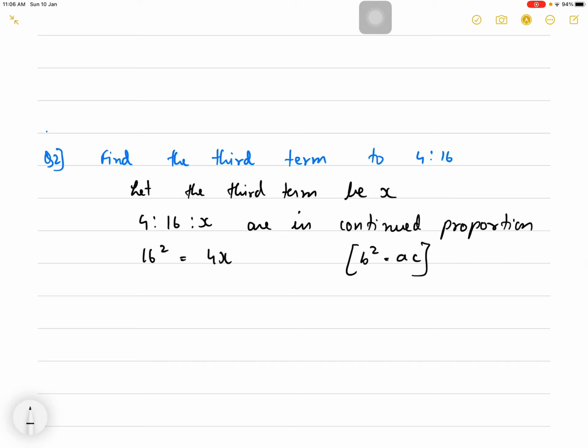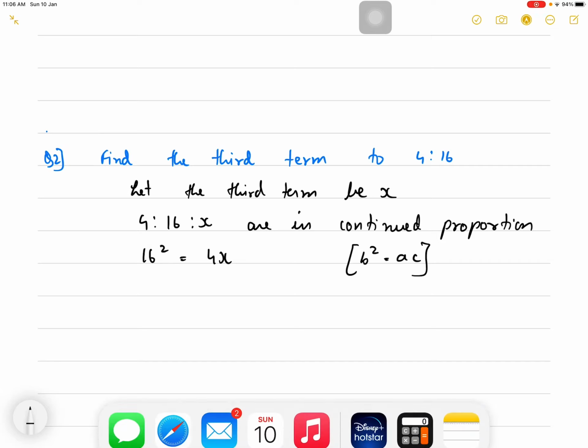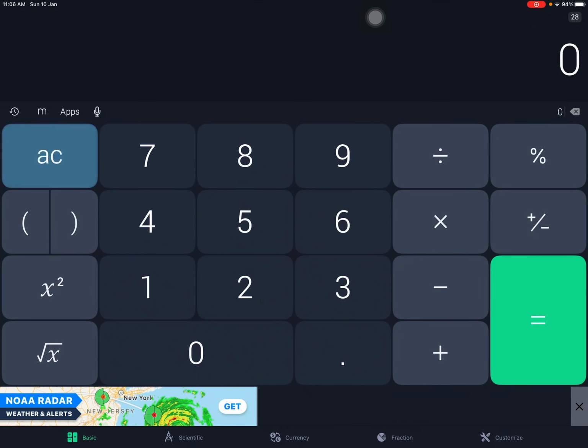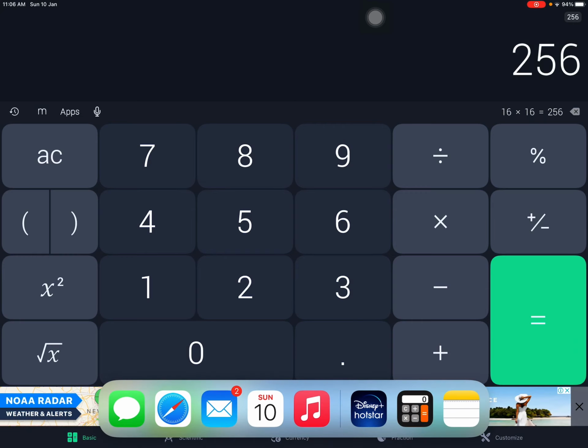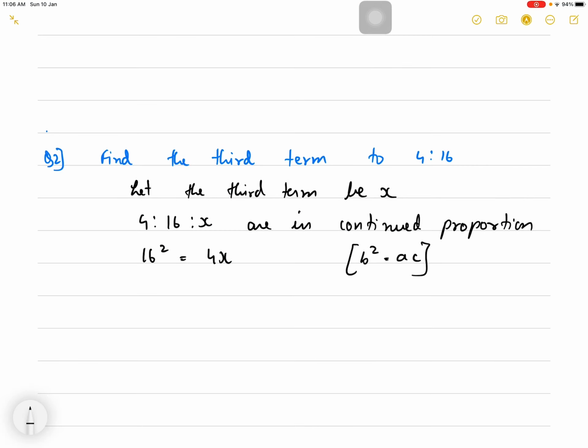Okay, so 16 square is equal to 4x, right? So 16 into 16, I think it is 256. Let's check. 16 into 16 is 256. Yeah. So 256 divided by 4 is equal to x.